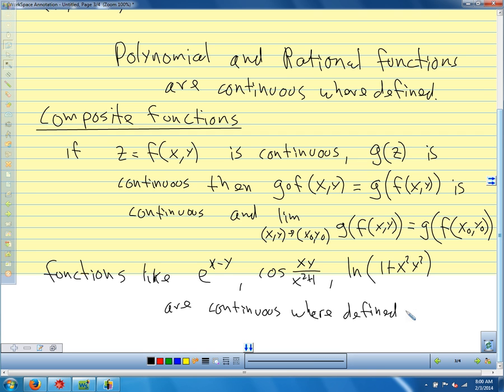All right, so I want to do a few examples for the last few minutes, talking about this idea of limits and continuity. So, questions before we look at some examples.